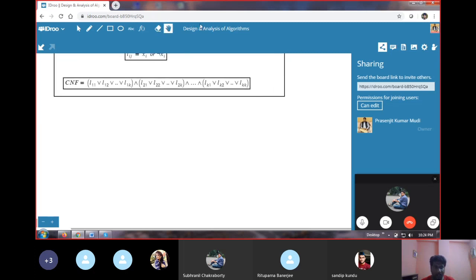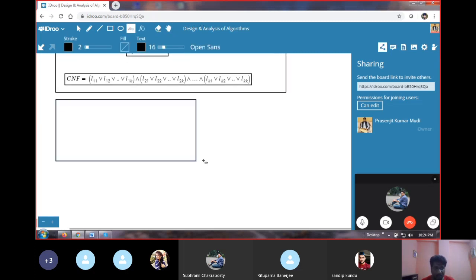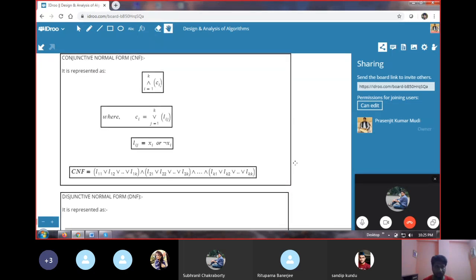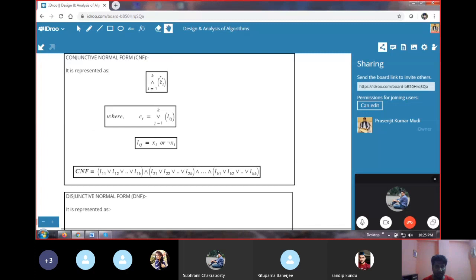So next, coming to its counterpart, which is disjunctive normal form, DNF. I'm about to close within 5. It is represented as its exact counterpart. Here OR operation, there AND operation will be there, and the alternate.